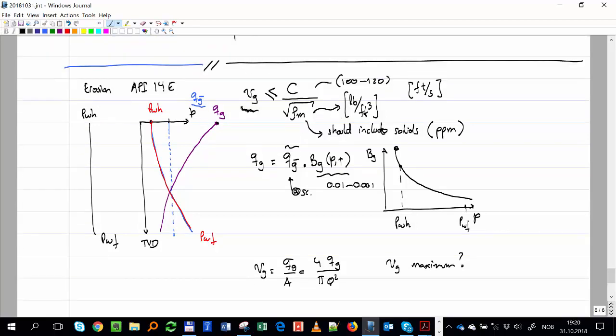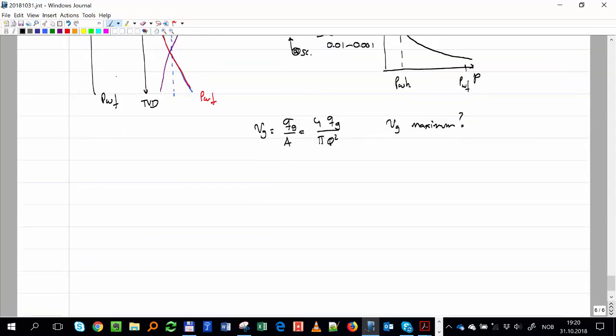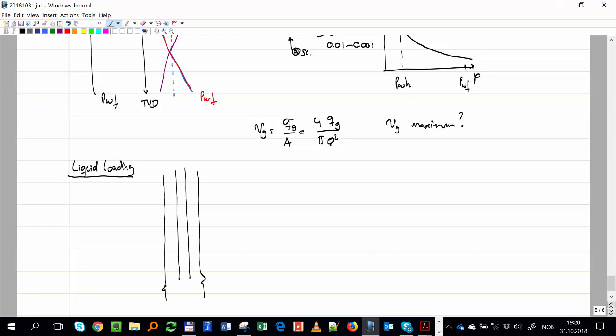Now there was another thing we had to take into account, which was liquid loading. If you remember our discussion yesterday, we have our tubing, and we have some gas flowing through the perforations, and the gas is flowing up.